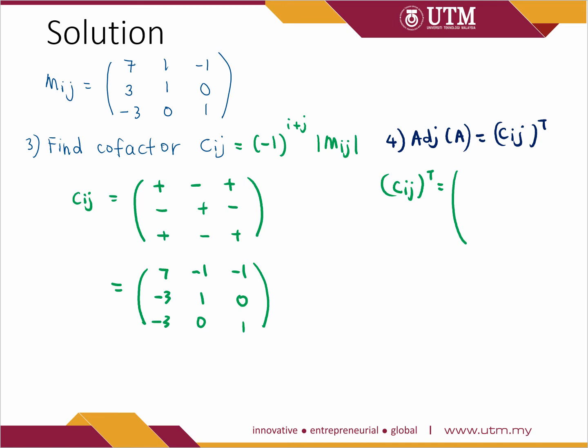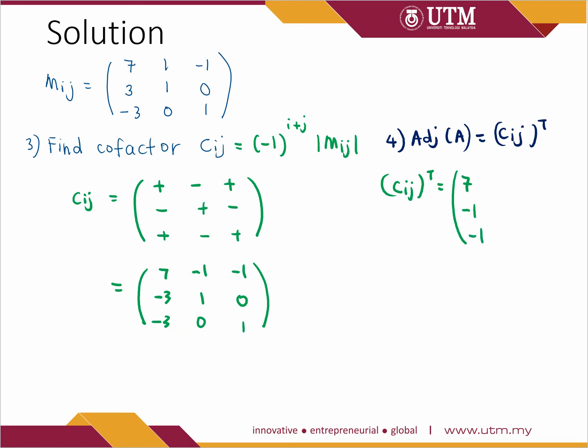So for the first row, first column, 7 remains as first row, first column. And then the first row, second column will be the second row, first column. And our first row, third column will be the third row, first column.